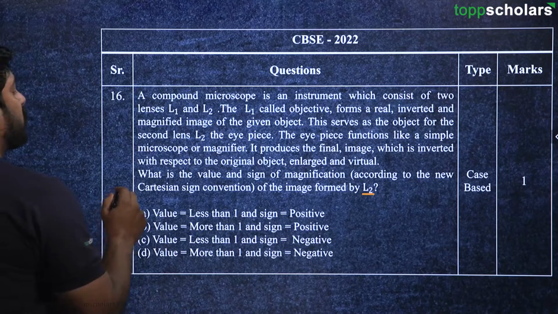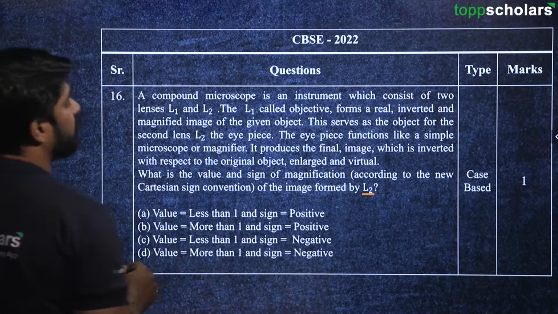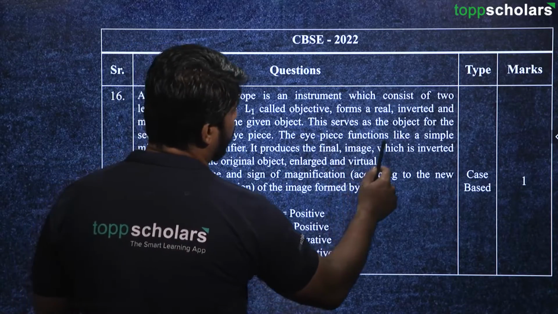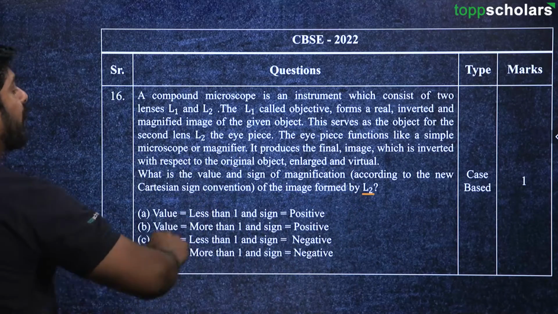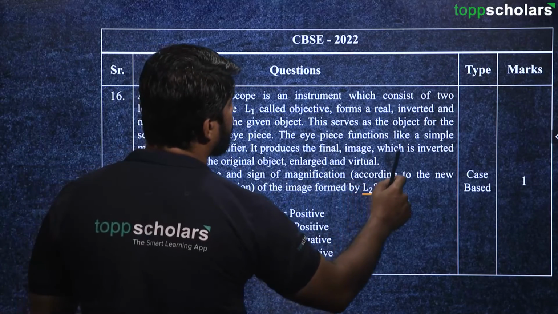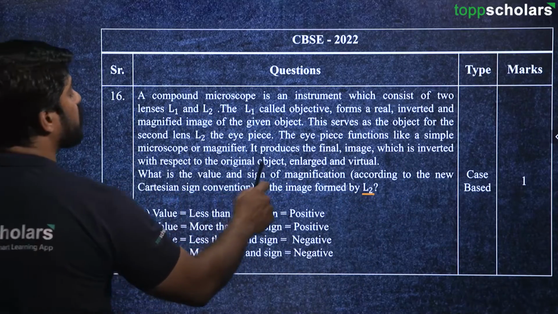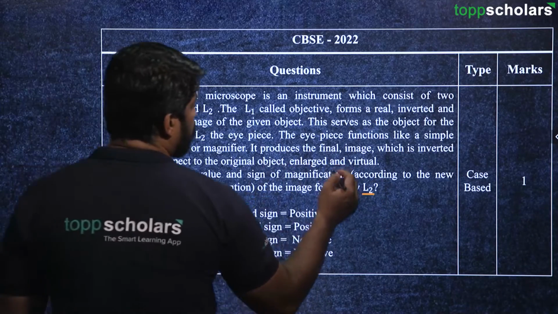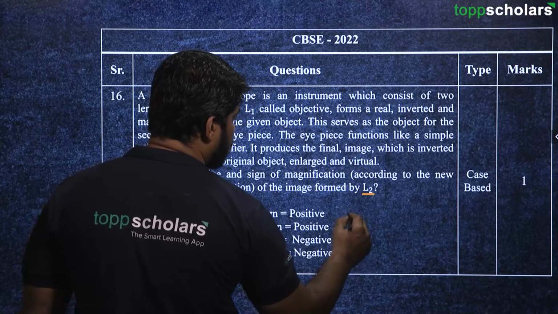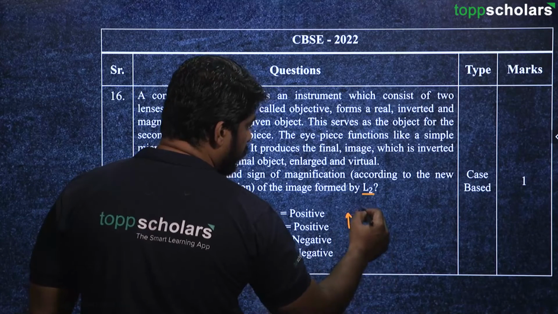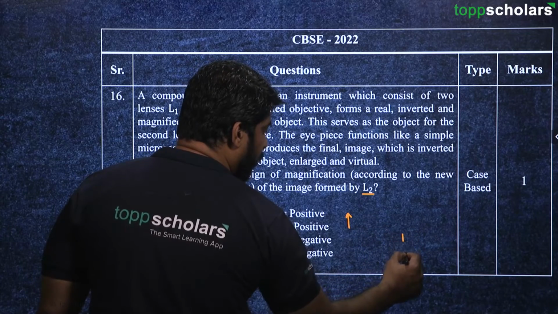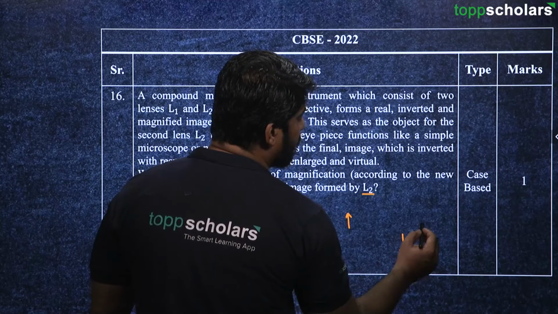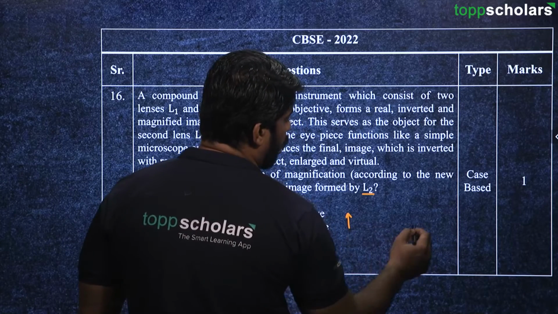What is the value and sign of magnification of the image formed by L2? In this case, the eyepiece functions like a simple microscope or magnifier. It produces the final image which is inverted with respect to the original object, enlarged and virtual. Over here, there is an object, then the objective will produce a magnified but inverted image, and this image is produced between the O and F of the eyepiece.